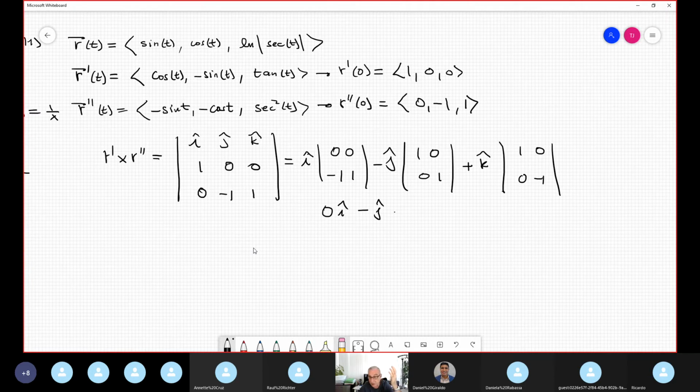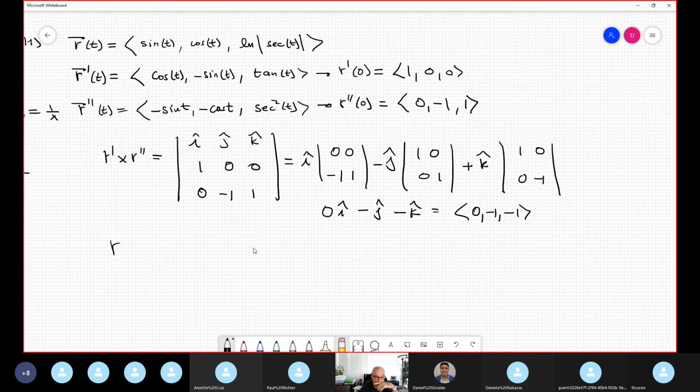Plus or minus, I don't know, it's negative k. Okay, so the vector is 0, negative 1, negative 1. This is my vector that corresponds to the cross product between r prime and r double prime, evaluated at 0.